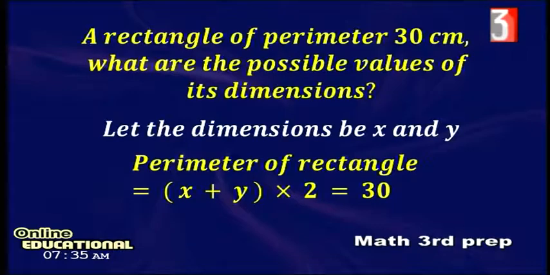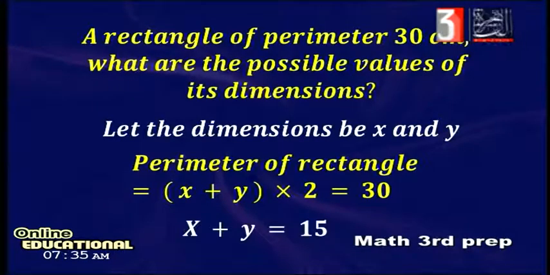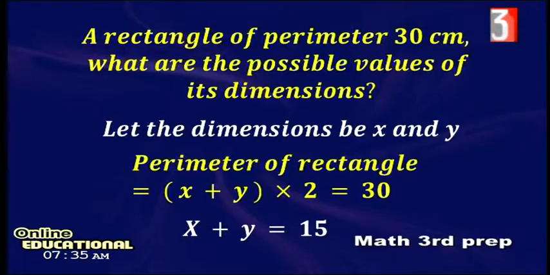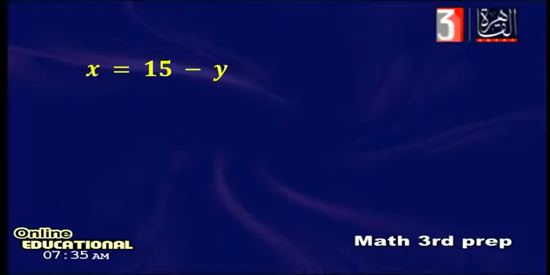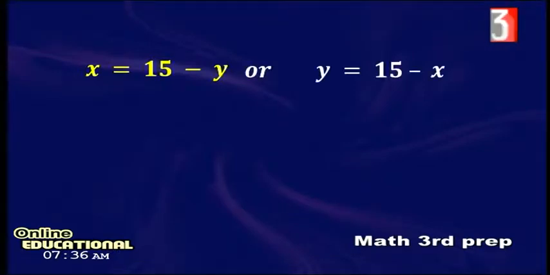Then by dividing both sides of the equation by 2, or finding half the perimeter of the rectangle, x plus y equals 15. In this case, we can find either x or y. How? If we find x, x equals 15 minus y. And if we find y, y equals 15 minus x.